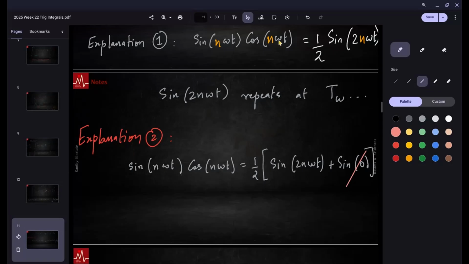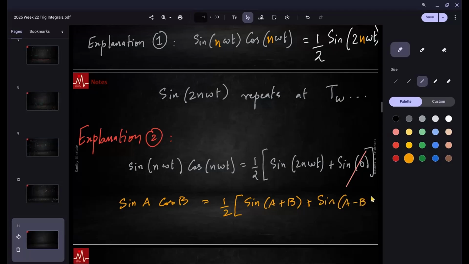Where I specifically used this relation, let me also write it down for everyone. Sine a cos b equals half of sine a plus b plus sine a minus b. This is what we read yesterday.